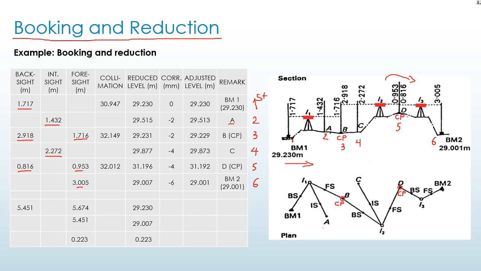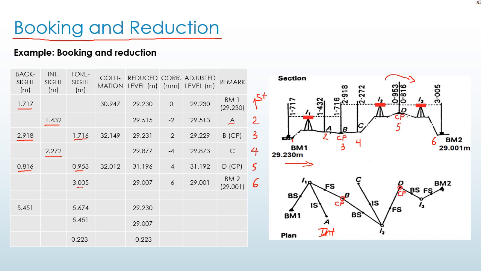Any reading which is not a foresight or backsight is the intermediate sight, where you only have one reading at that point. So that is the difference between the intermediate sight reading and the change point, where you have both foresight and backsight reading.